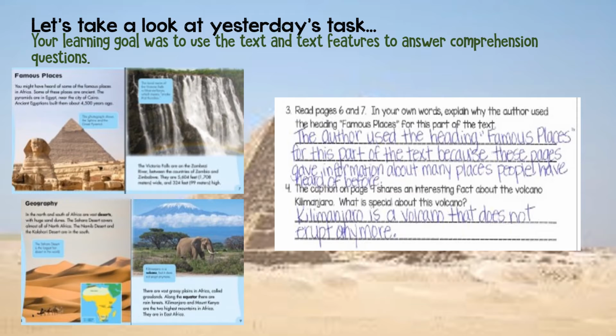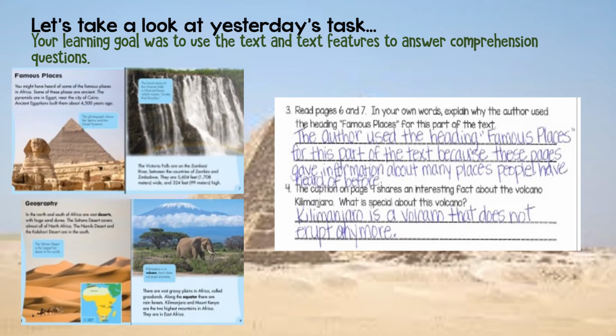The author used the heading Famous Places for this part of the text because these pages gave information about many places people have heard of before. Some of us have visited these places, we've read about these places, and we know something about them. The pictures and the text support famous places being the heading.